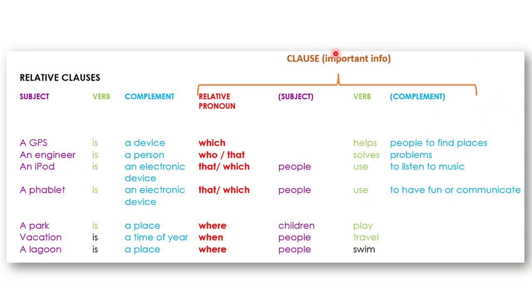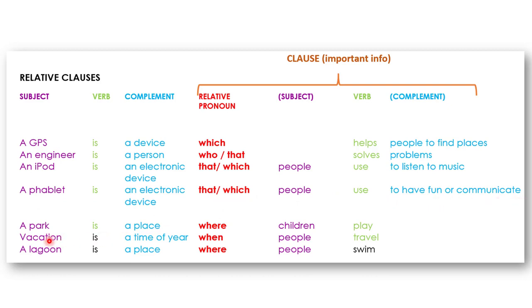For example, number one, if we have a GPS. A GPS is a device which helps people to find places. An engineer is a person who solves problems. Also, you can use that. An iPod is an electronic device that or which people use to listen to music. A phablet is an electronic device that or which people use to have fun or communicate.